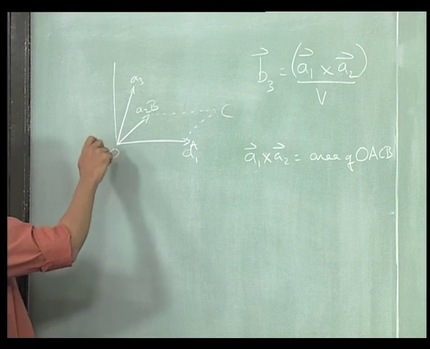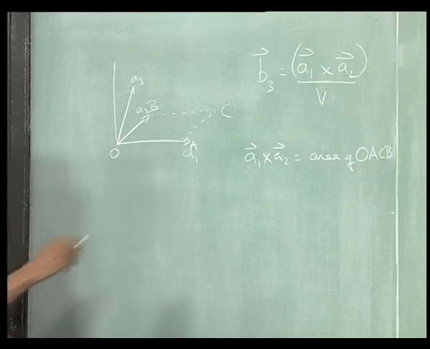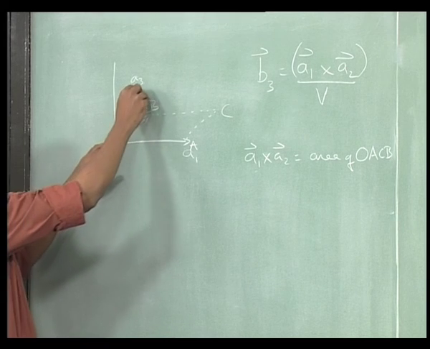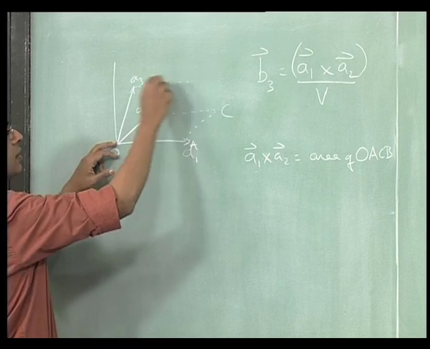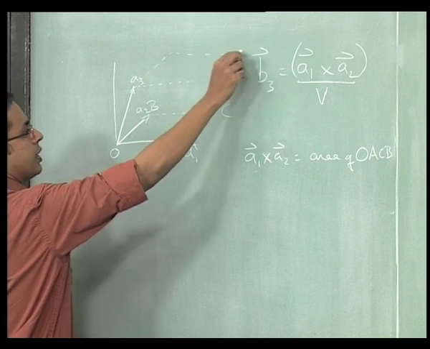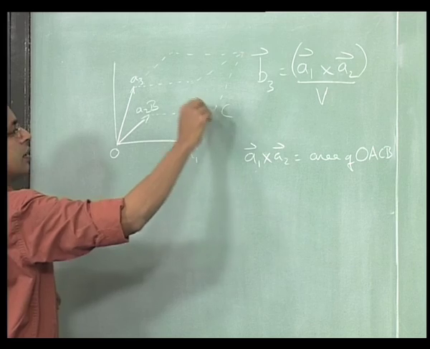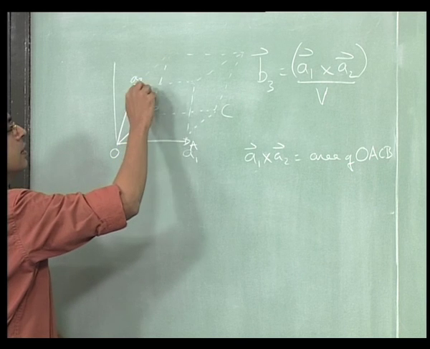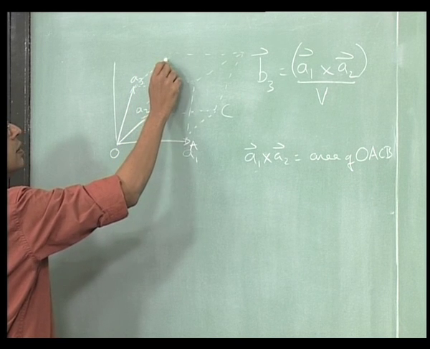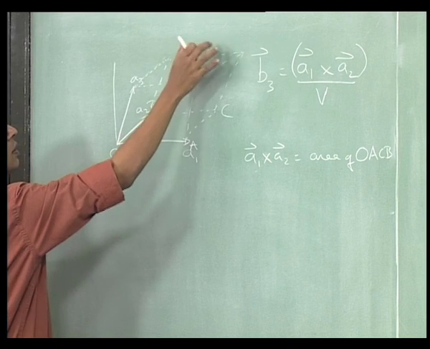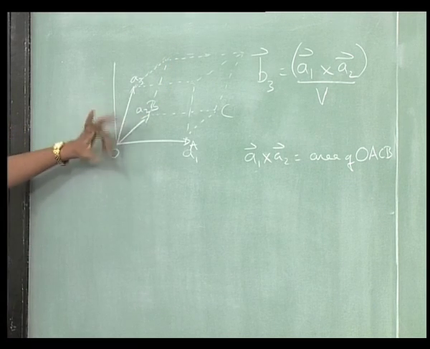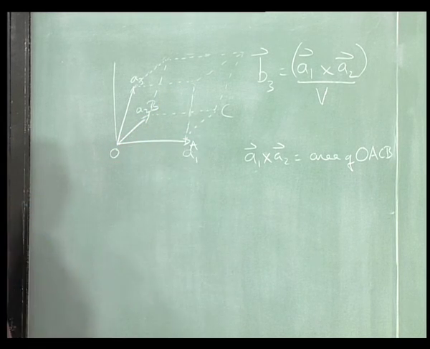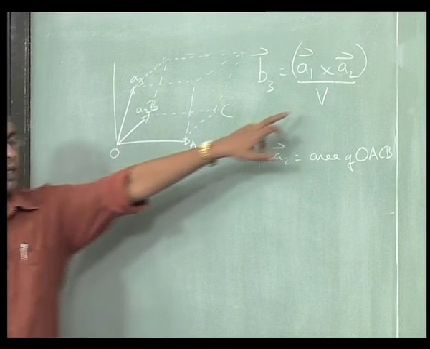If you look at the volume of the unit cell, this V here is the volume of the unit cell in real space. Which is that volume? If you take this A3 vector and complete this solid, this unit cell that we have drawn, its volume is the V that we have written here.